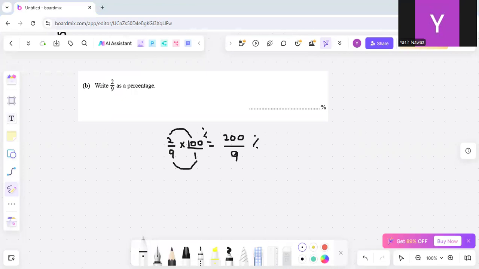I use a calculator: 200 divided by 9. It's 22.22 approximately. So 22.2.